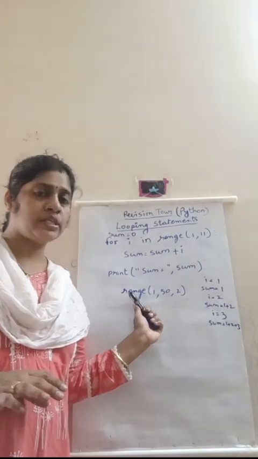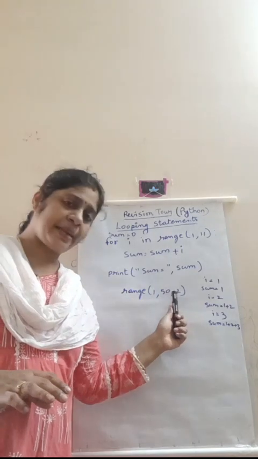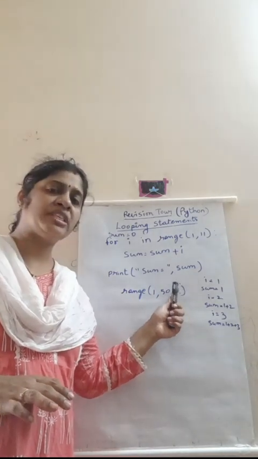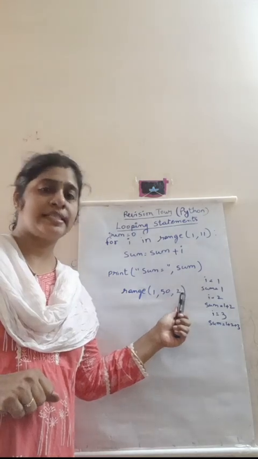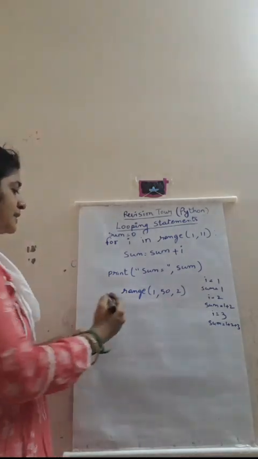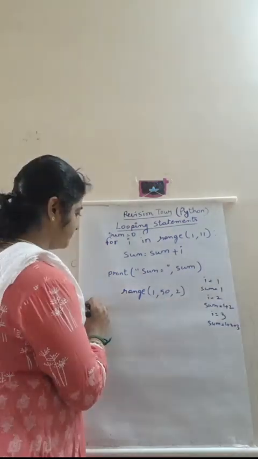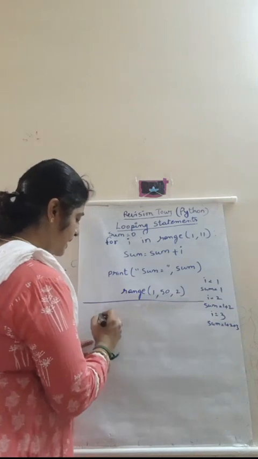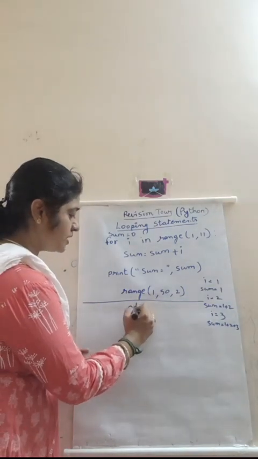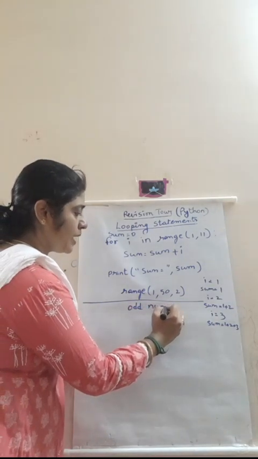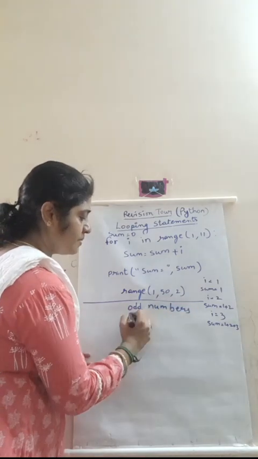And let us use range and step. We are using one more argument, step, in range. So I just write here odd numbers. I am going to display odd numbers.